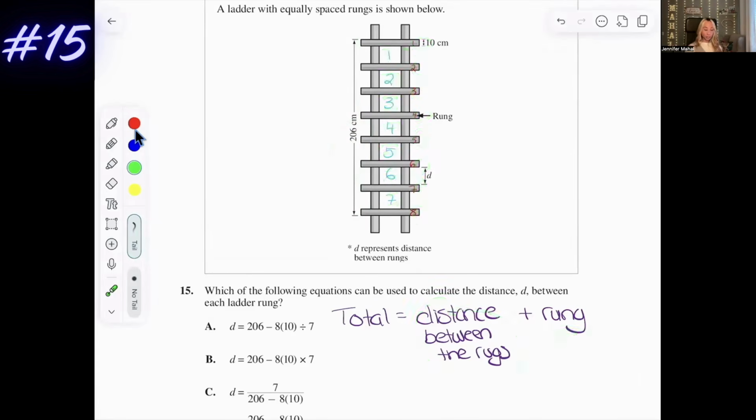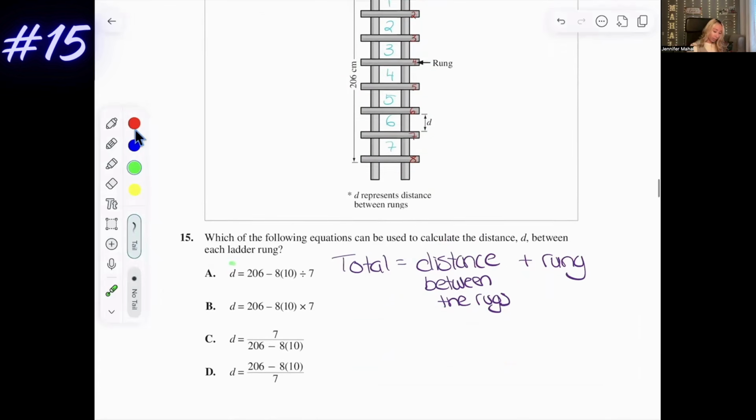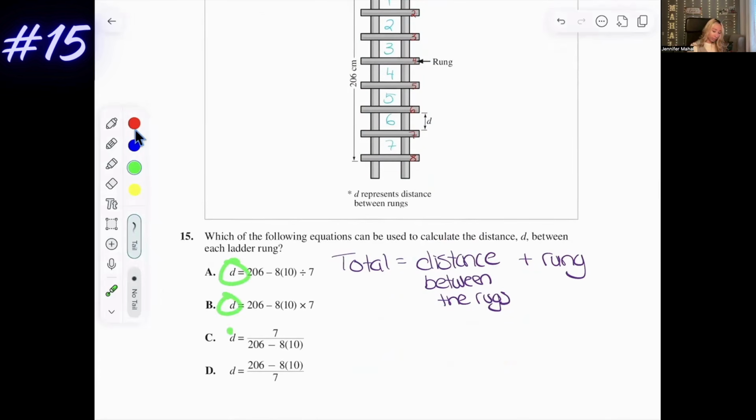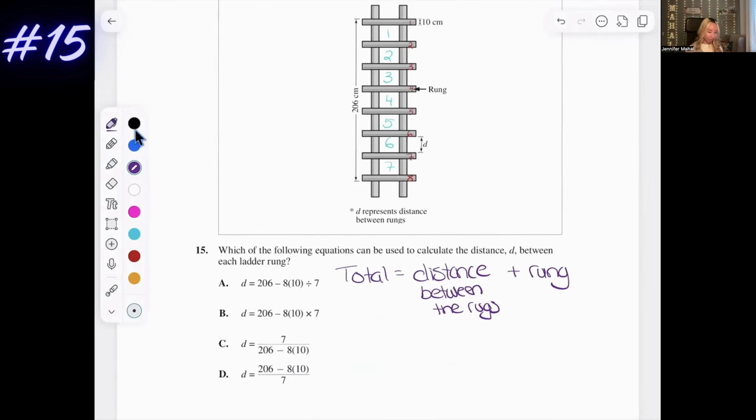Now what we have to do is convert this word equation into variables that we can solve. And when we do solve it, we're going to get it so it equals D. I hope that made sense so far. I know that's complicated. Even explaining it took me a bit of time to figure out how I wanted to tell you guys. So let's convert these words into numbers.